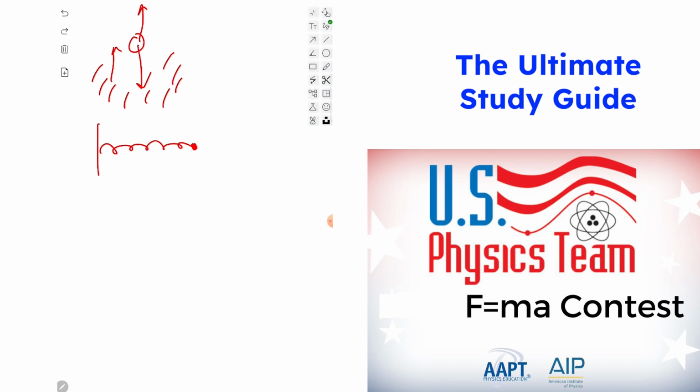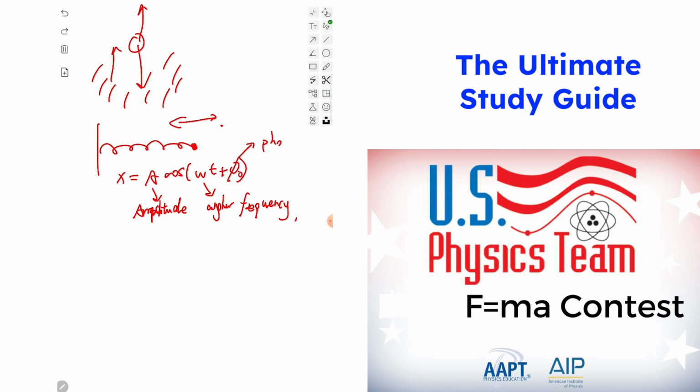If it does a simple harmonic motion, its movement equation is x equals A cosine(omega t plus phi 0), where A is the amplitude, omega is called the angular frequency, and phi 0 is the initial phase.